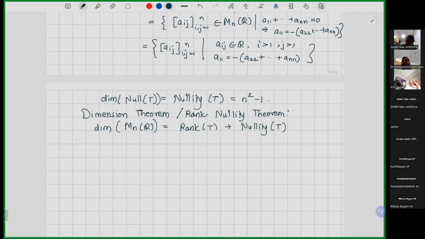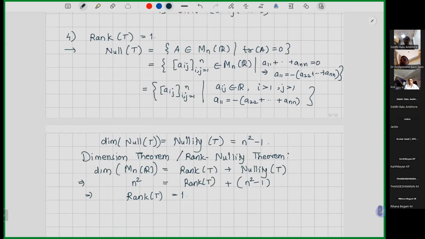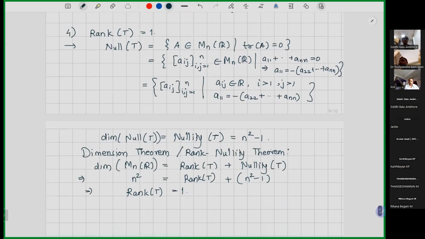And dimension of MnR, we know, is n square. This is rank of T plus nullity of T, which is n square minus 1, and this gives me rank of T is equal to 1. And this is true for any MnR. So is it clear now?